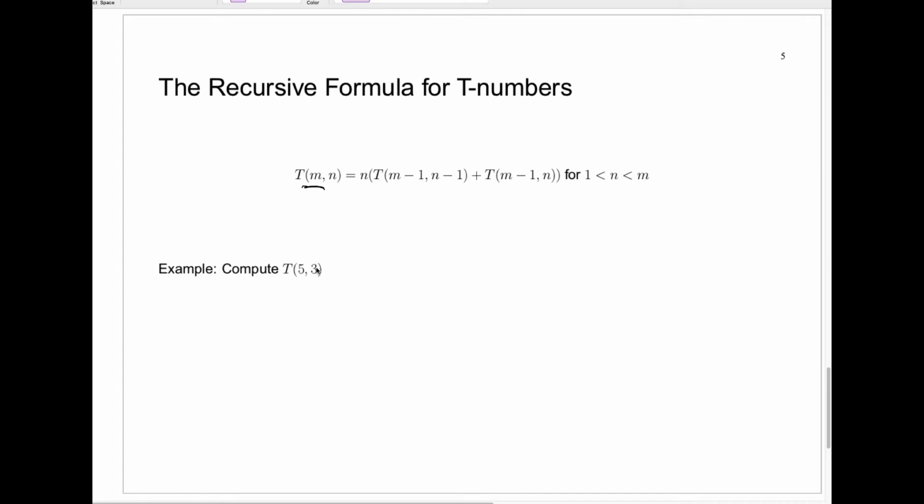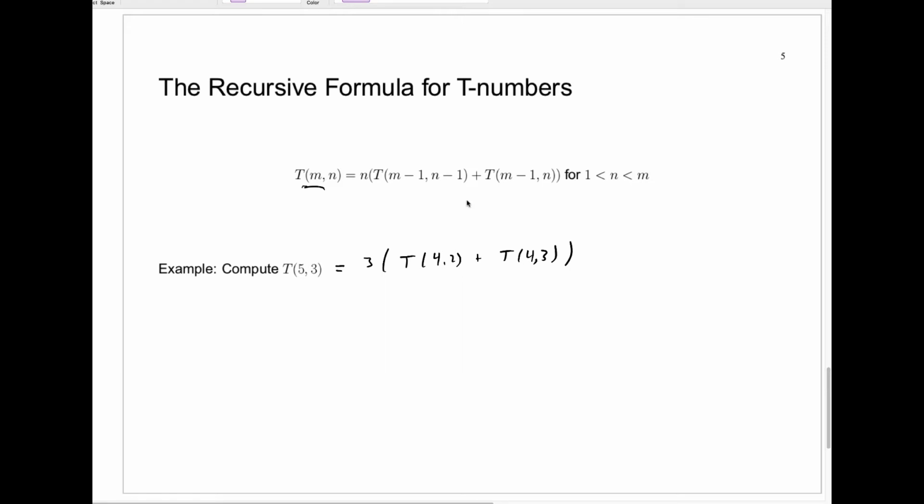We found there were 150. We put that in the triangle above, and that's the number T_{5,3}. But let's say we use this recursive formula and nothing but that recursive formula. Well, that would tell us we just take the n, which is 3, times T_{4,2} plus T_{4,3}. Now the question is, what is T_{4,2} and what is T_{4,3}?